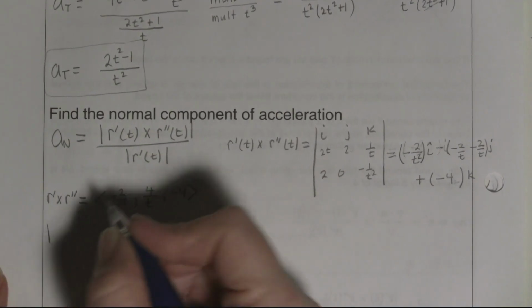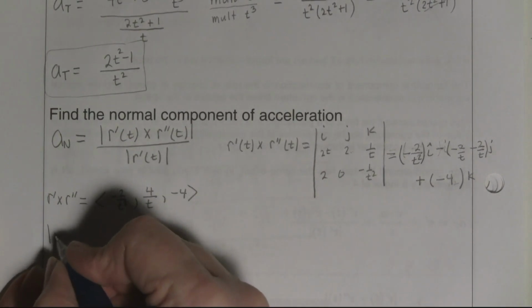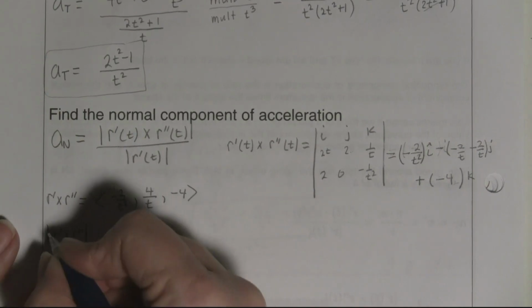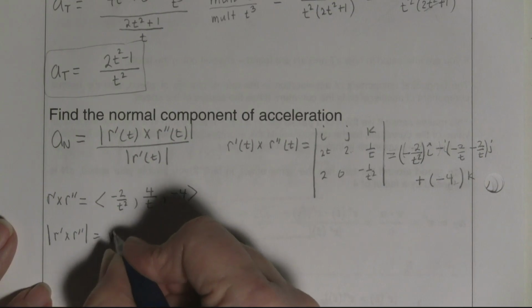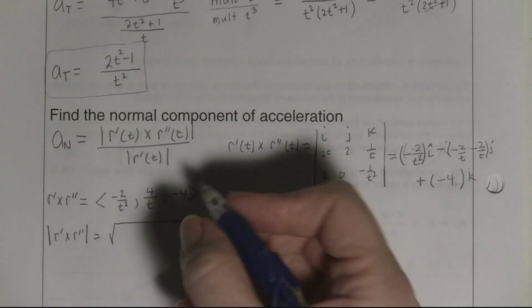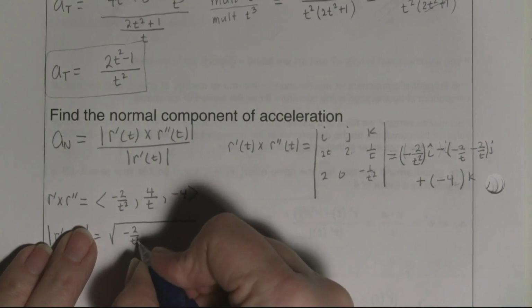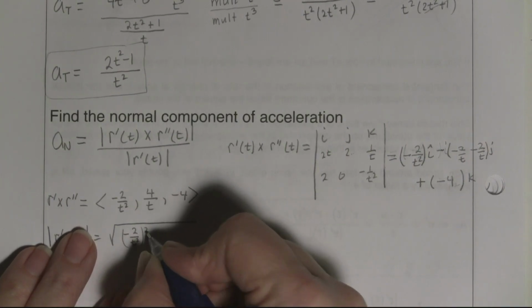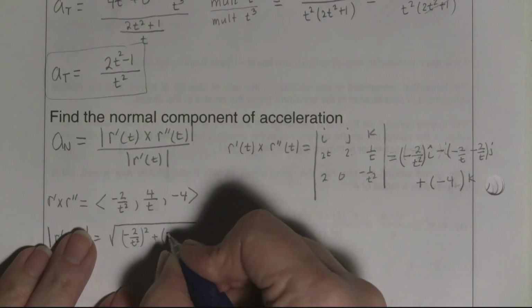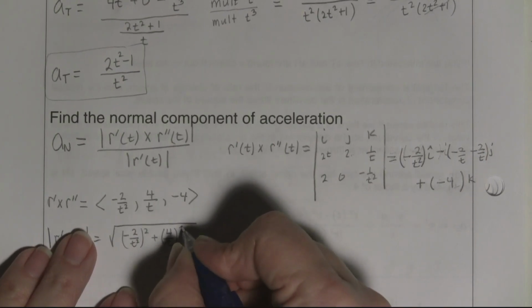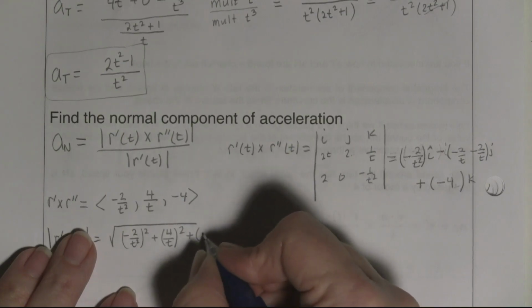So I'm going to look at the magnitude of that. So I square this, and this is why I didn't know I had a mistake on this part last semester, because I made a sign error and then I squared it. And so I got lucky.